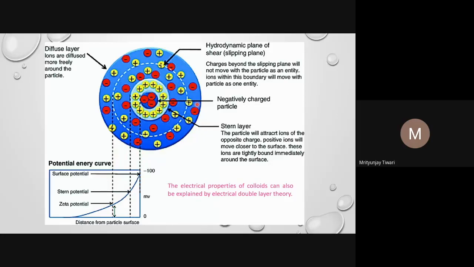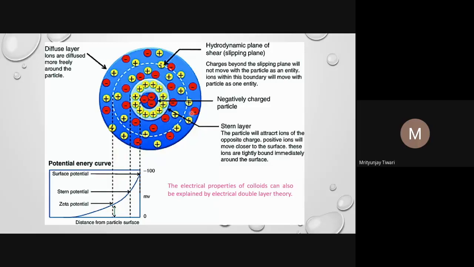Although they are also considered long range forces, they are much shorter range than the electrostatic forces. So the electrostatic repulsion, because of the diffuse layer, will work even at larger distances. The dispersion forces are always attractive interactions, and these attractive forces will start working only when the particles come closer to a certain distance. But these particles cannot come closer because of the formation of the electrical double layer.